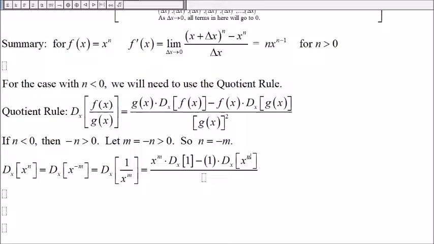And notice that m is positive, because m is negative n. And then dividing by x to the m squared.